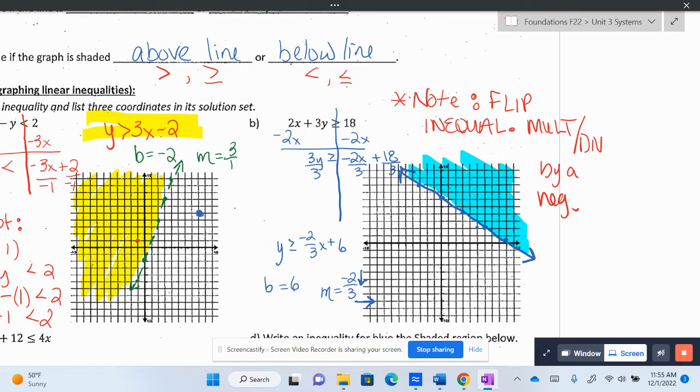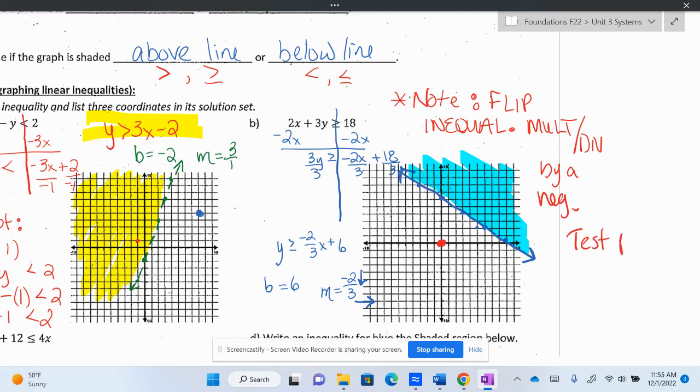I want to check this, and I'm going to pick a point that is not in the solution set. And I'm actually going to pick my favorite point, which is 0, 0. So I'm going to test the point 0, 0. If I plug that into my inequality, am I going to get a true statement or a false statement? Because it's not in the shaded area.